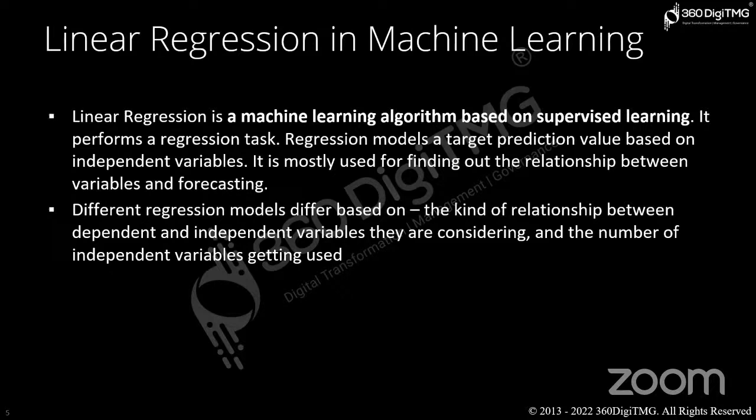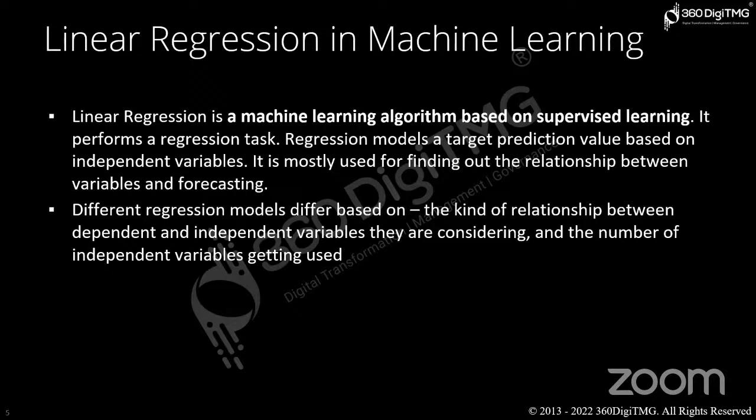Linear regression is a machine learning algorithm. As I explained, it is supervised learning. It performs a regression task. This model has a target prediction value based on the independent variables. It is mostly used for finding the relationship between variables and forecasting.